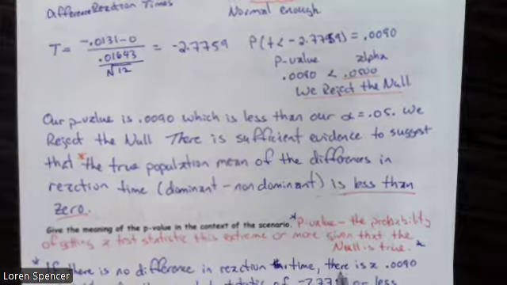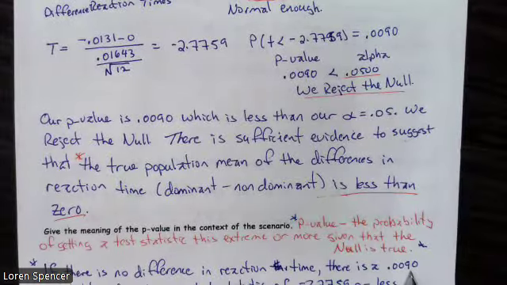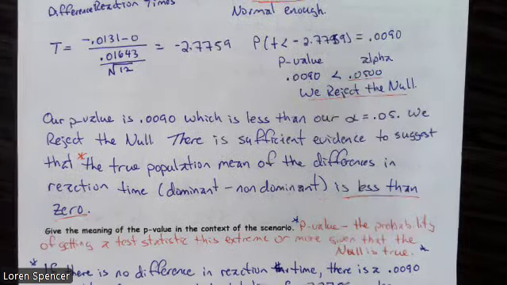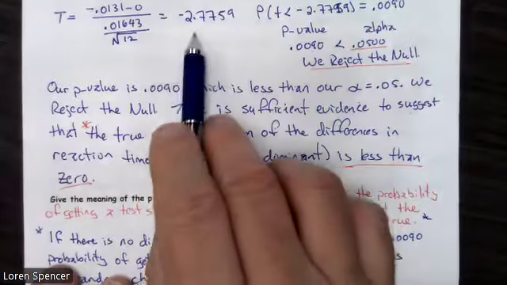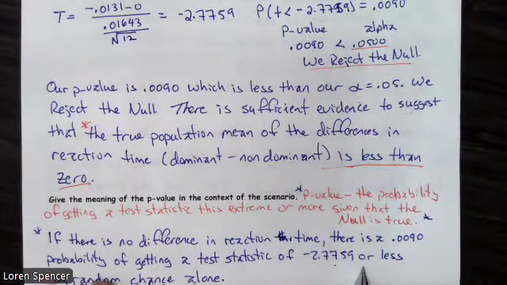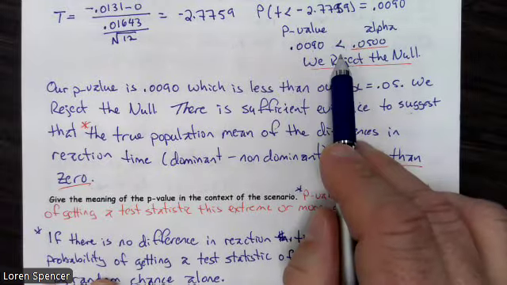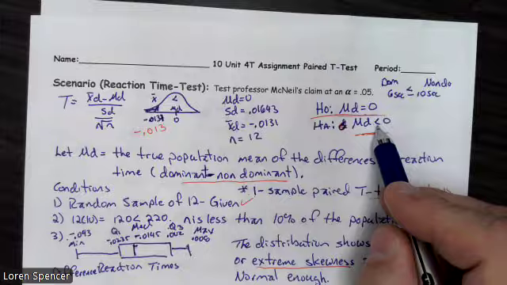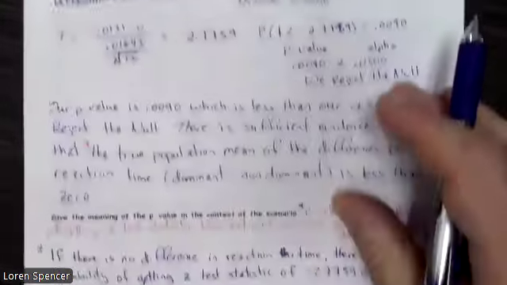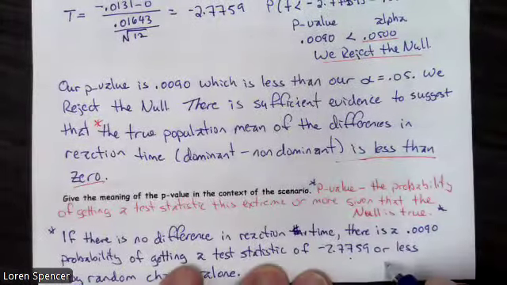Given there's no difference in reaction time, there's a 0.0090 probability of getting a test statistic of negative 2.759, which is what ours was, or less, because our inequality is less than, right here. Because we have it less than on our alternative, this is tied to the alternative.